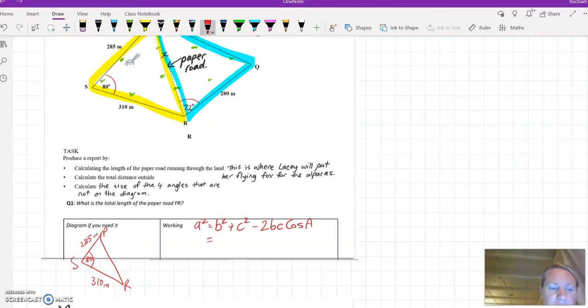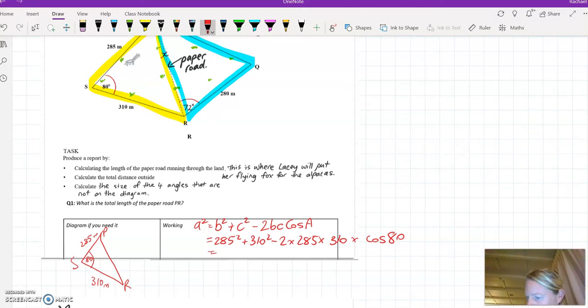I'll quickly do it now. What have we got? 285 squared plus 310 squared minus 2 times 285 times 310 times cos of 80. Grab a calculator. Oh my goodness, and it's hard to see because it's kind of dark right now.